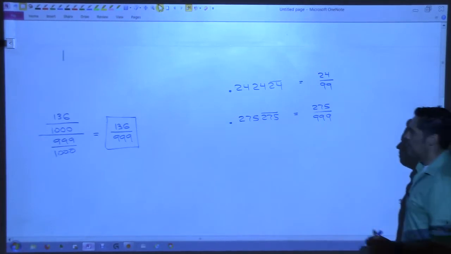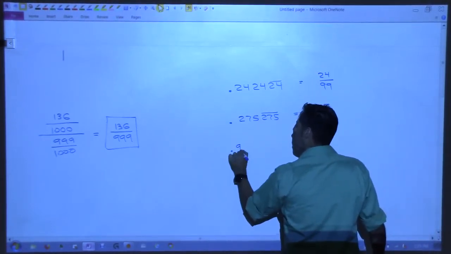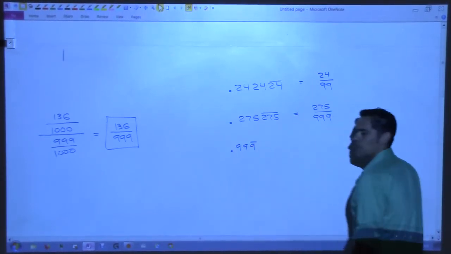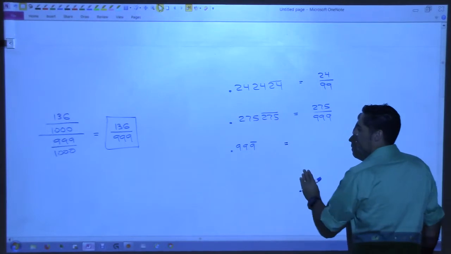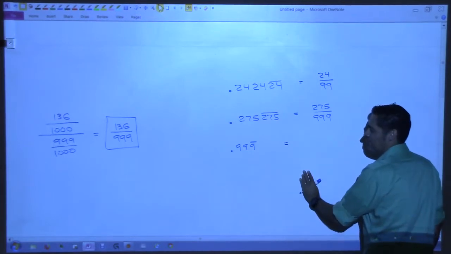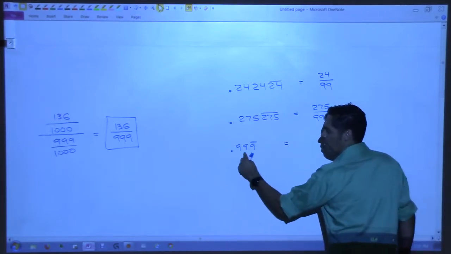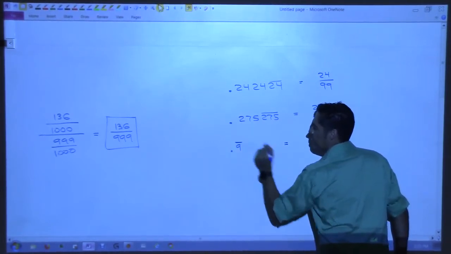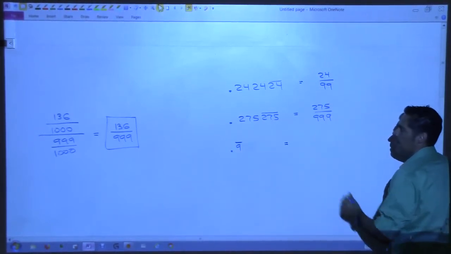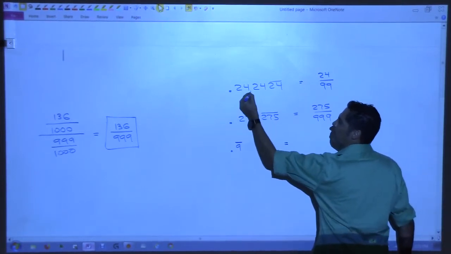Here's something that might blow your mind. What's 0.999 forever? Well, this repeats all the time, right? So I could just go back to this. What we've been doing is asking, what does it repeat?